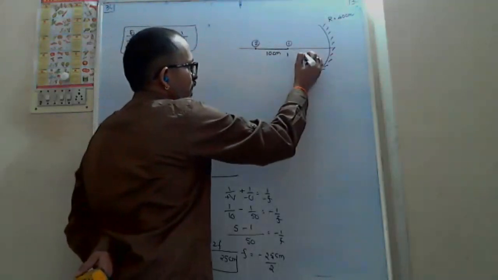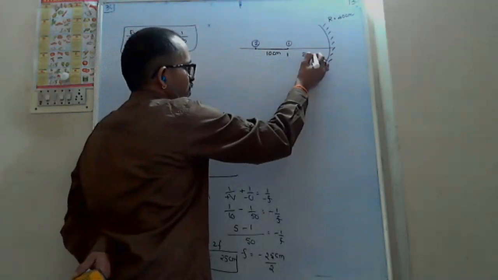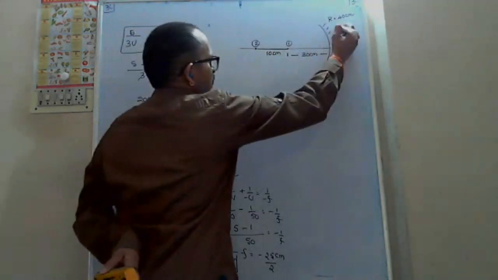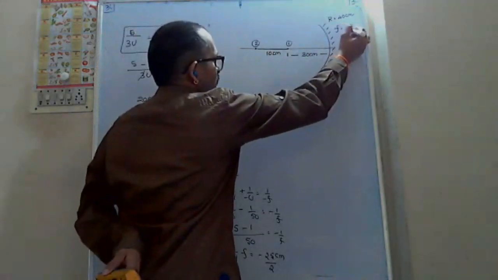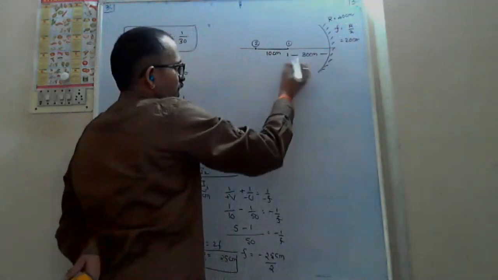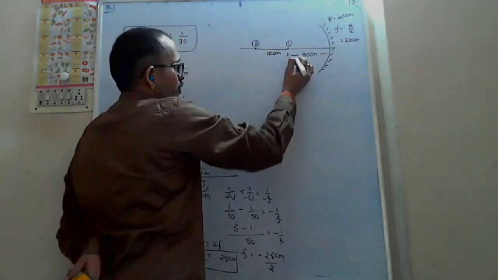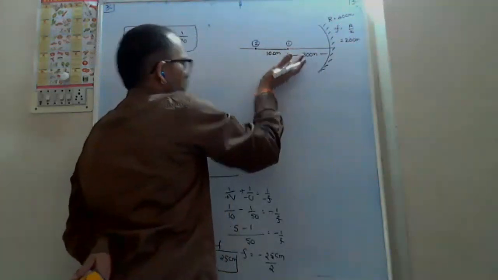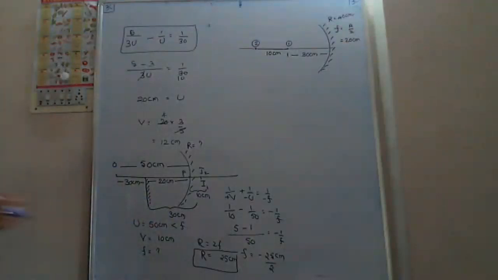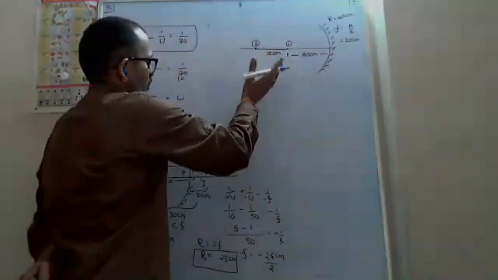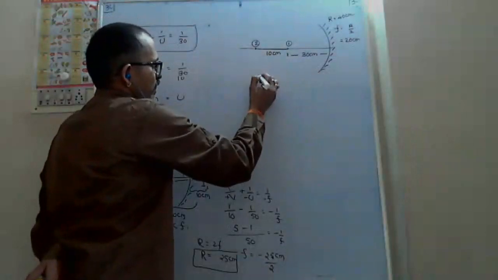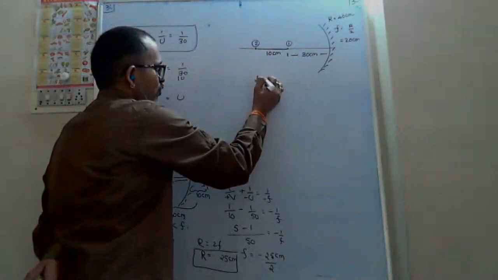Nearest distance is at a distance of 30 centimeters. 30 centimeters means the focal length is r by 2, that is 20 centimeters. So nearest distance is greater than 20, which means the real image will be formed. Beyond C, beyond F, somewhere beyond. So here beyond 2f. So here the question is, what is the length of image?